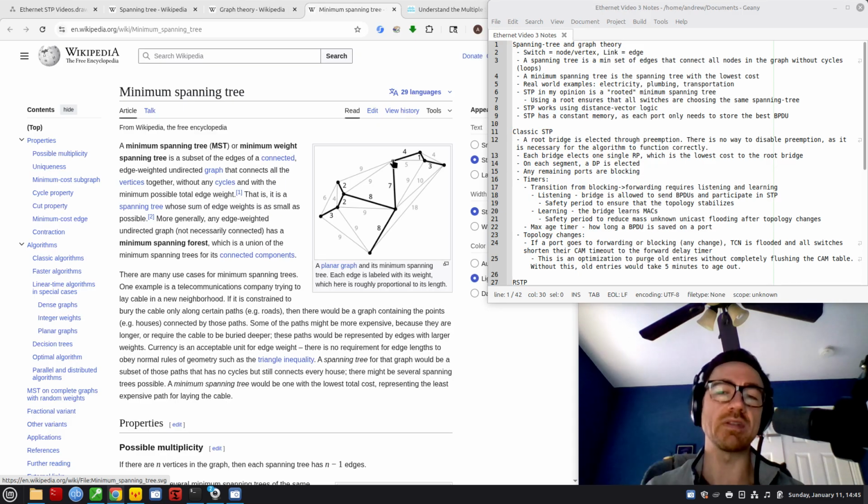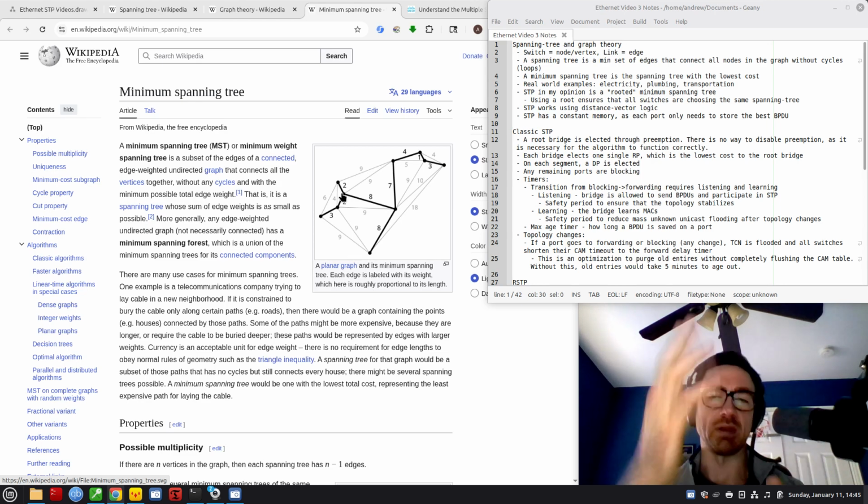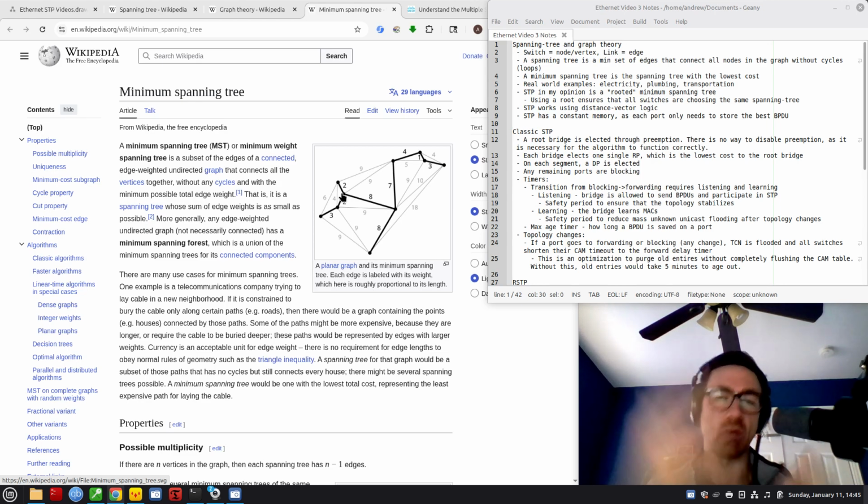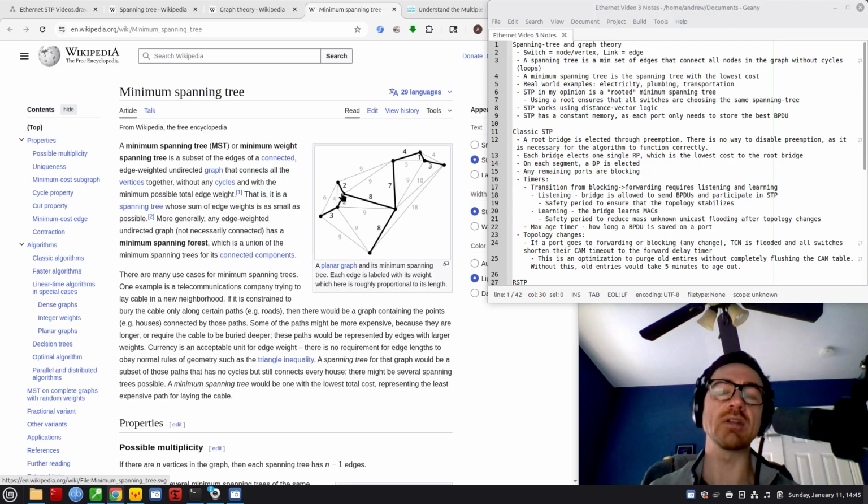It says, oh, the cost to this route is 0. And then each switch receives that and adds its own cost to that route advertisement, and it cascades away from the root. And then we build a spanning tree through that. So it's a very elegant solution for achieving constant memory space and doing layer 2 loop prevention.